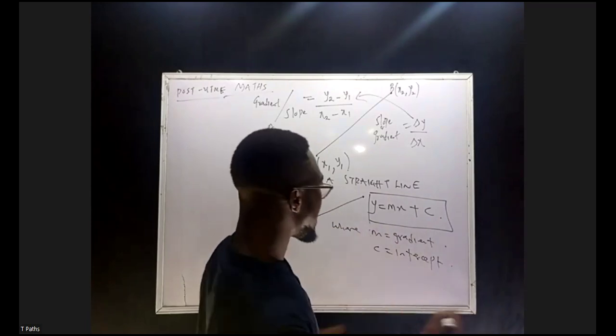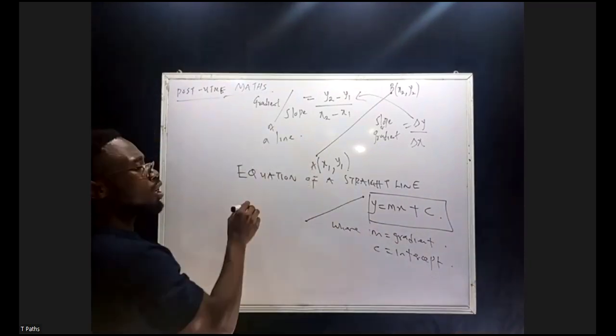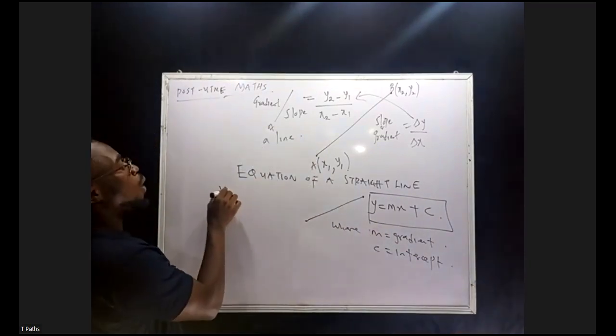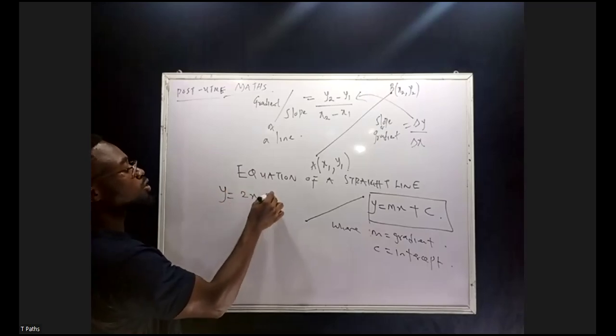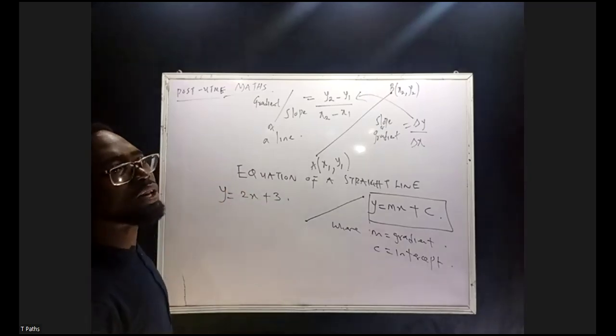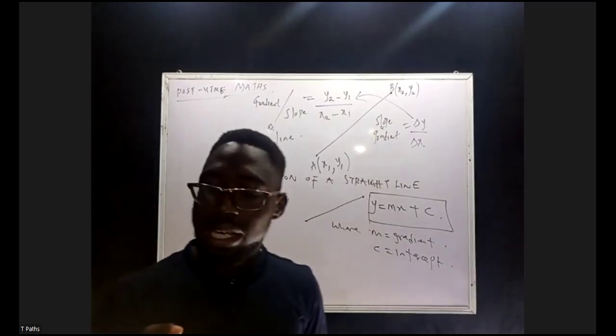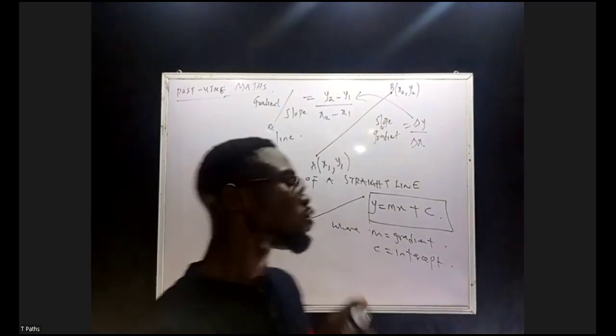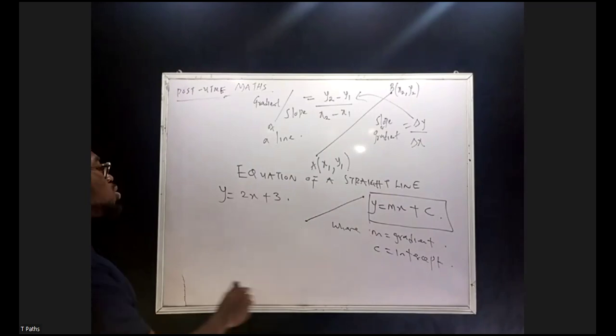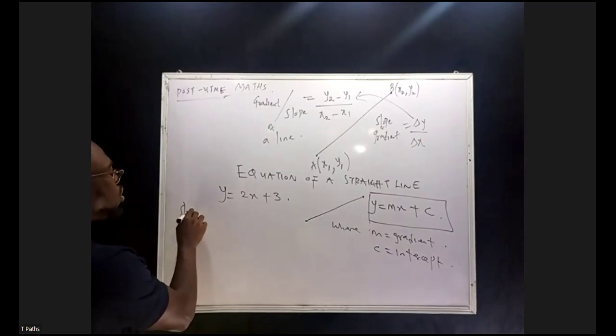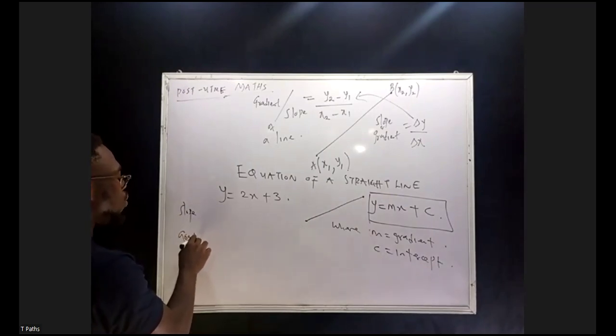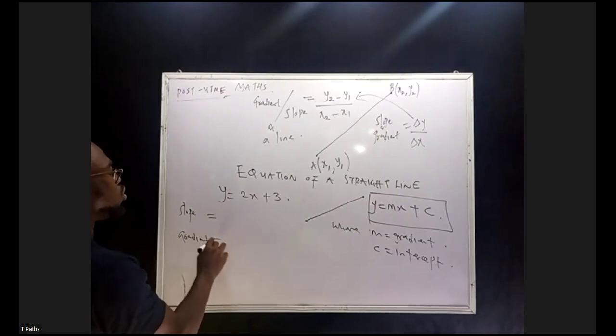So, for instance, if I tell you that the equation of a line is y equals 2x plus 3, I now ask you, what is the slope and what is the intercept? I need you to unmute yourself.